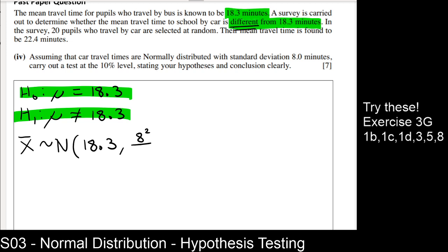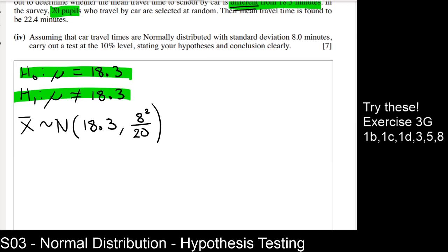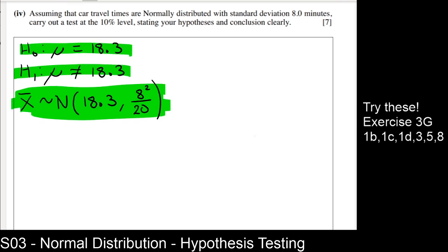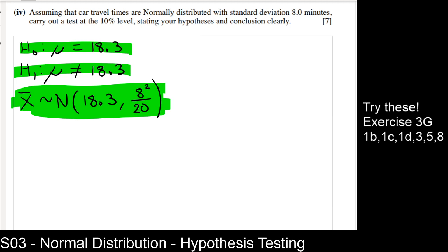And n in this case is 20 pupils, so I just divide by 20. So for sample variance, it's important that we do the variance divided by the number in the sample. It's a really important thing that you need to do. You're going to lose marks if you don't put that.